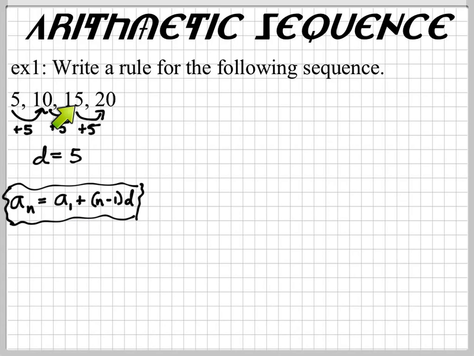Take a look at 15, and let's think about it for a second. We started at the first term. How many common differences would we have to add to 5 to get to 15? 2. Don't forget you said that. So if we were looking for a sub 3, which is 15, we would plug in a sub 1, your first term. So we have 5 plus n minus 1.